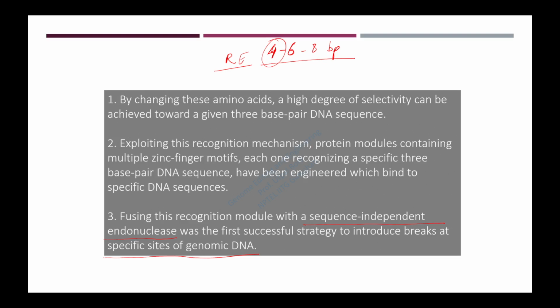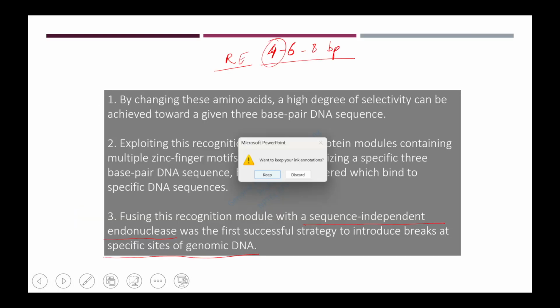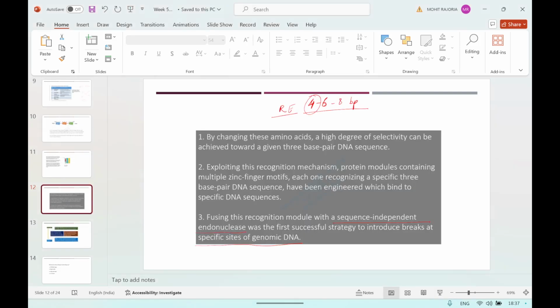So to be more specific, a longer stretch of DNA recognition enzyme is needed so that we can make a cut at the desired site in our genome. For example, there is a gene in the genomic locus.